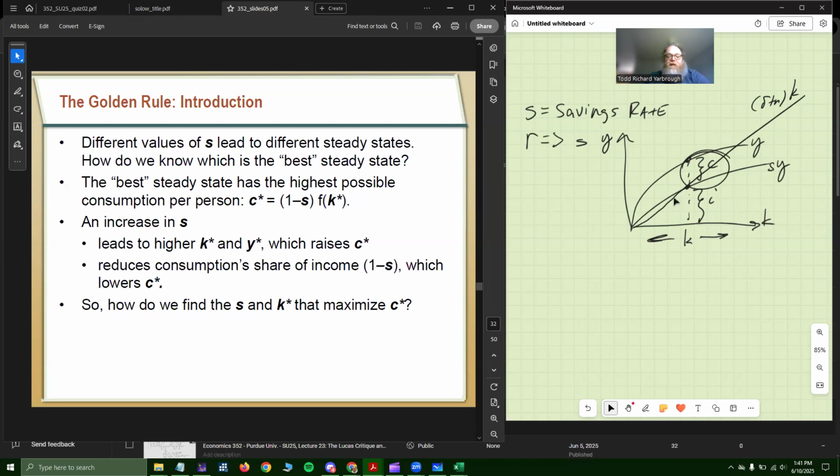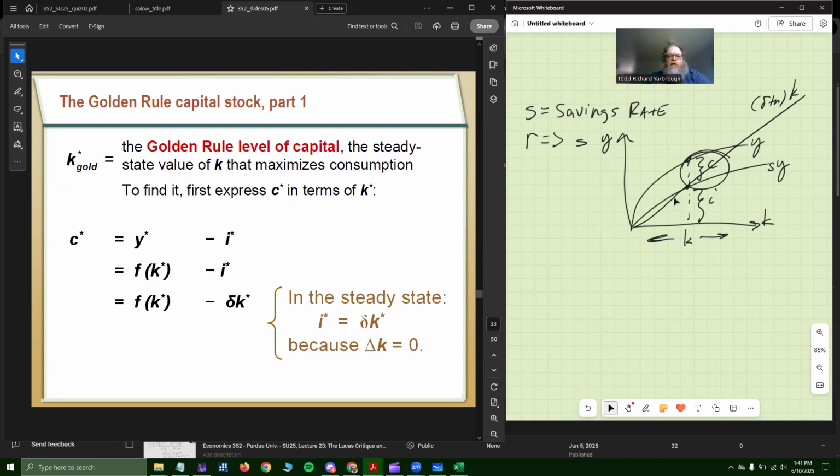So the question is, how do we do that? How are we going to maximize consumption? We get a pretty straightforward idea here: if we want to maximize the vertical distance between output and savings for any given level of savings, then we need the slope of the depreciation line to be equal to the slope of the production function.